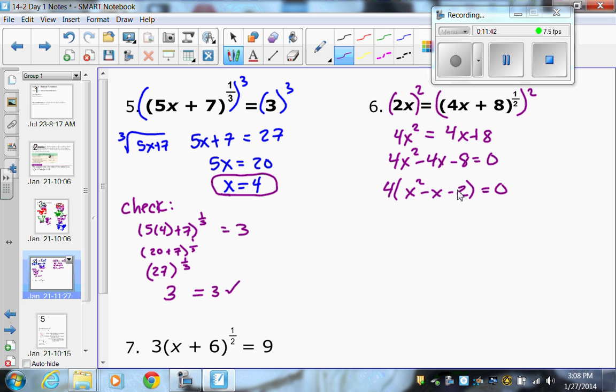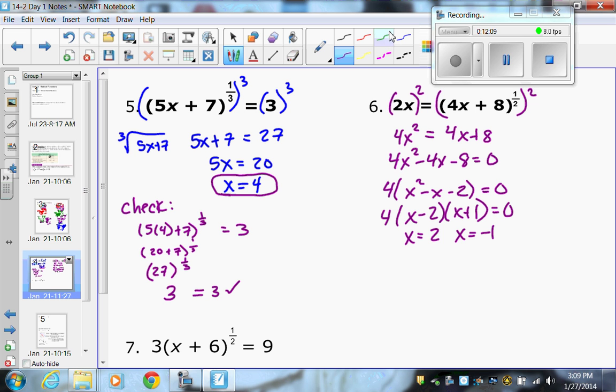Two numbers that multiply to negative 2 and add to be negative 1 would be a negative 2 and a positive 1. So this tells me that x equals 2 and x equals negative 1.